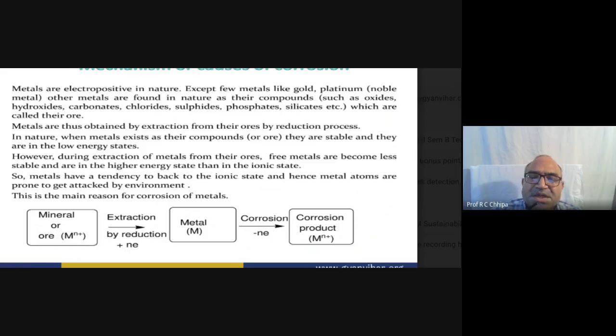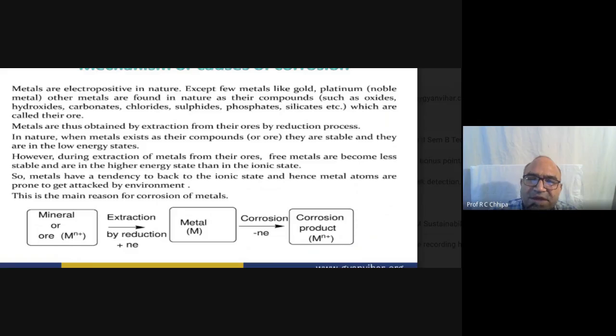For example, silicon is present as silicon oxide in nature. Iron is present as iron oxide in nature. Aluminium is present in nature as aluminium oxides. So they are compounds such as oxides, hydroxides, copper carbonate, and then chlorides like nickel chloride.